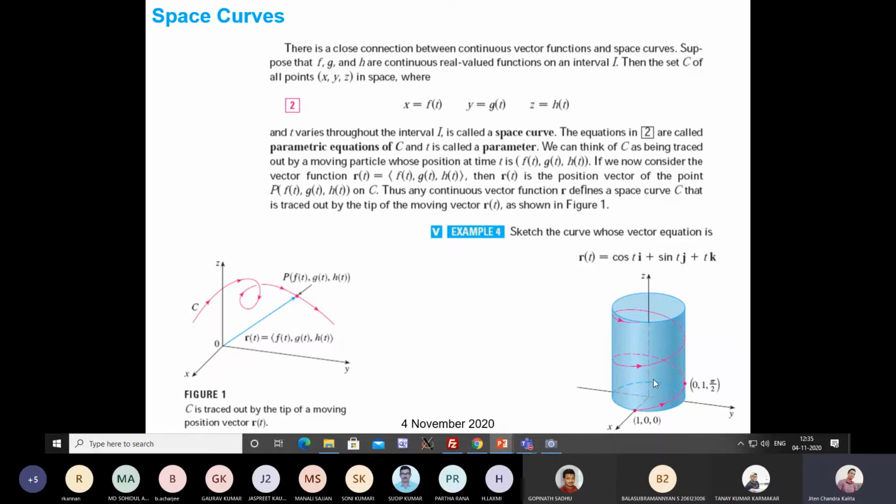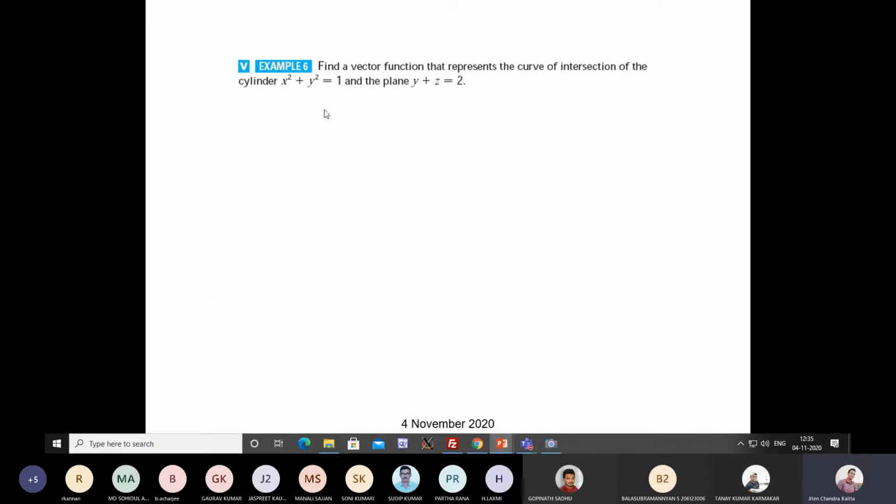Now I'm going to ask you a question. Say you have to find a vector function that represents the curve of intersection of the cylinder x squared plus y squared equal to 1 and the plane y plus z equal to 2. Can you tell me how?